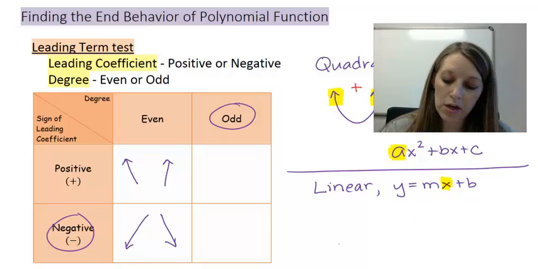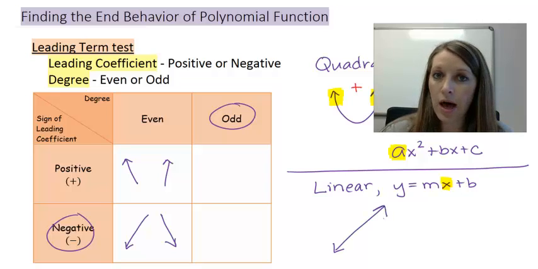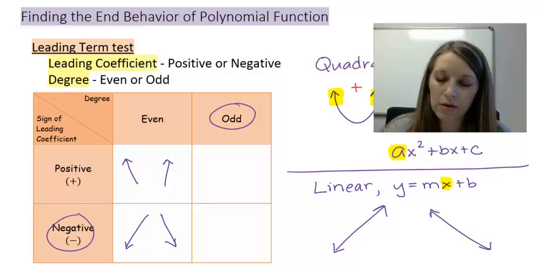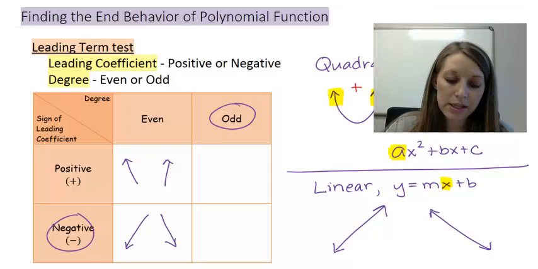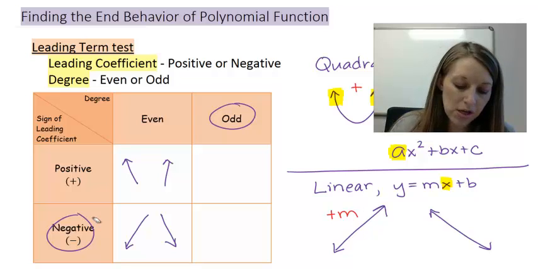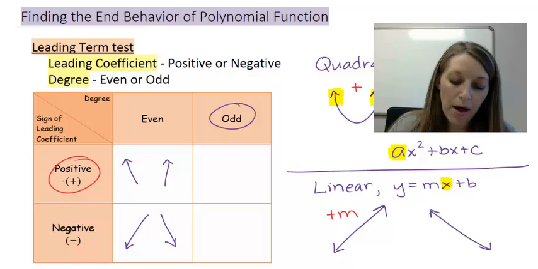So most linear polynomials can be drawn as a line going up from left to right or as a line going down from left to right. Now, we know if it's going up, it's because we have a positive slope or because our leading coefficient is positive. So all positive odds are going to go down on the left and up on the right.